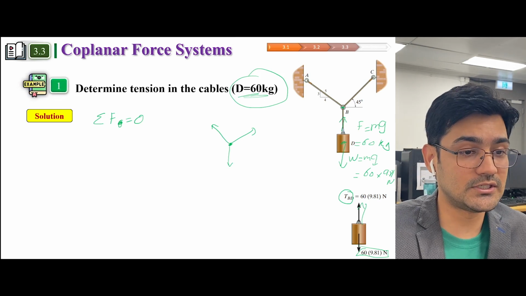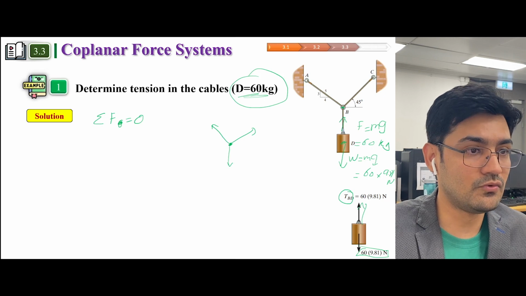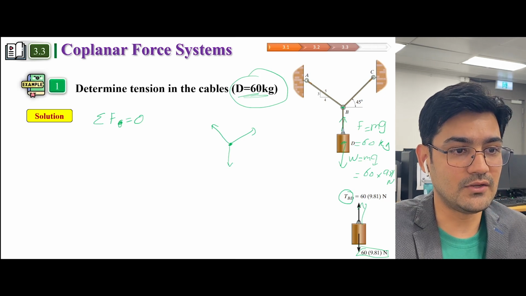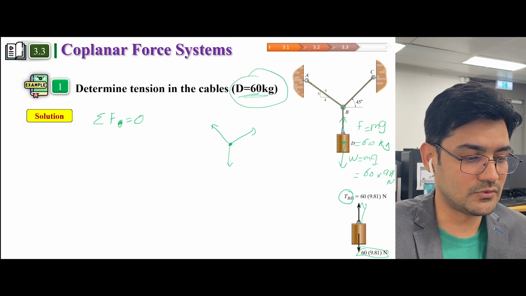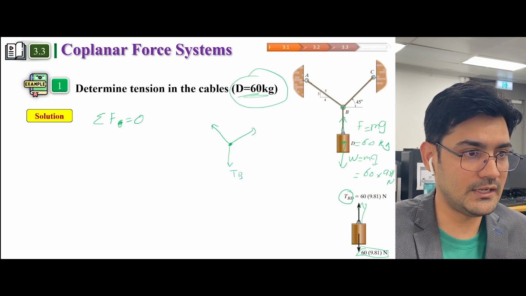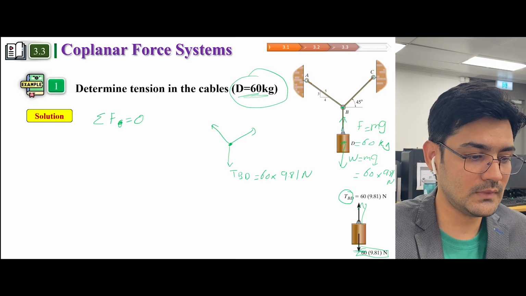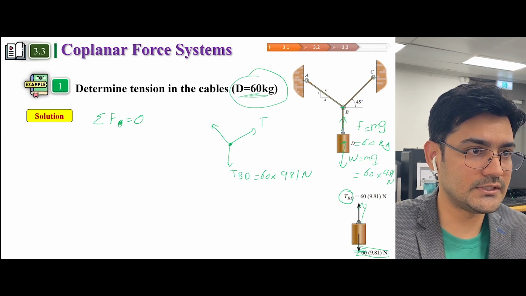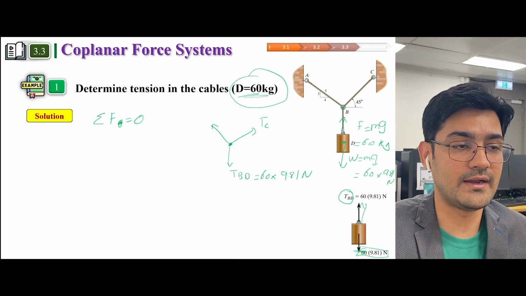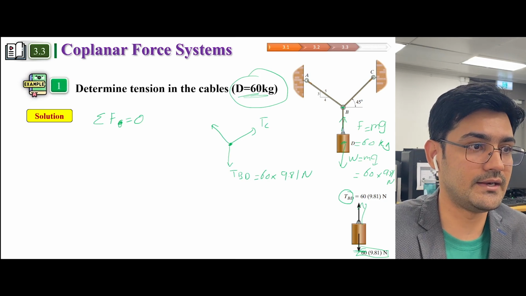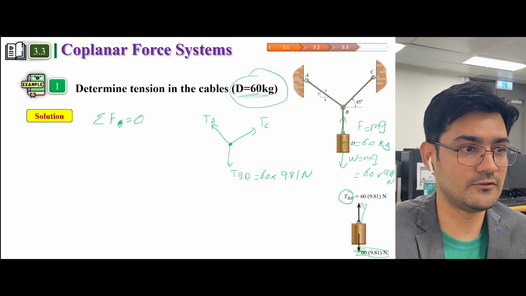Now the third step is to write down the values if we know them. So I'm going to call this TBD, and this is 60 times 9.81 Newtons. And this one is TC. We don't know the value, we have to find it out. And this is TA, and we also don't know the value.